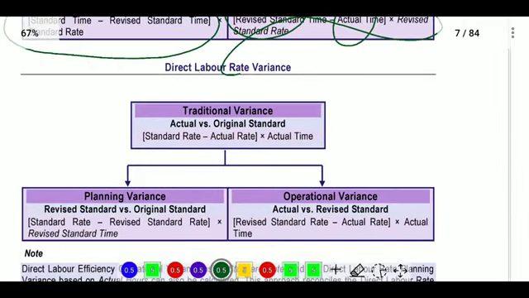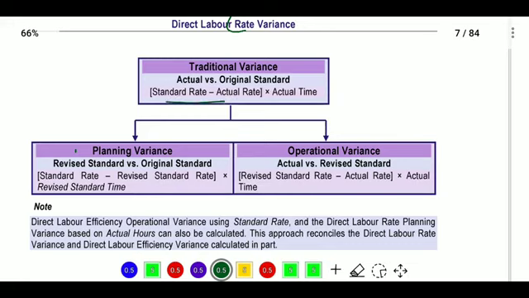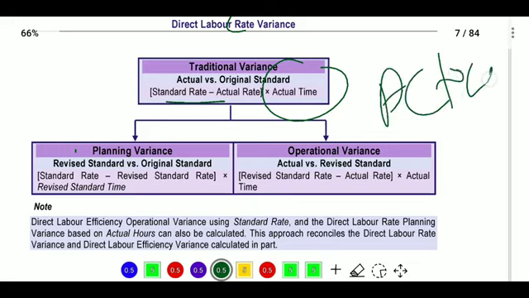Next direct labor rate variance. Rate variance means we will take the rate difference into quantity, or in case of labor, into time. Which time we will take? Time means actual we will take. For traditional variance, actual versus original, standard comes first minus actual, into actual time.